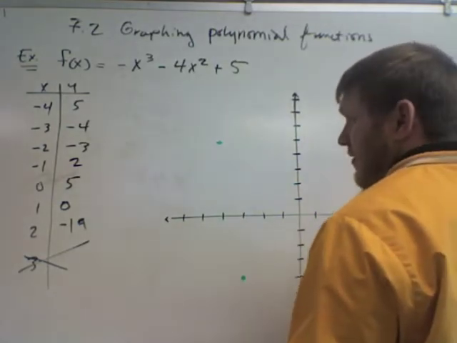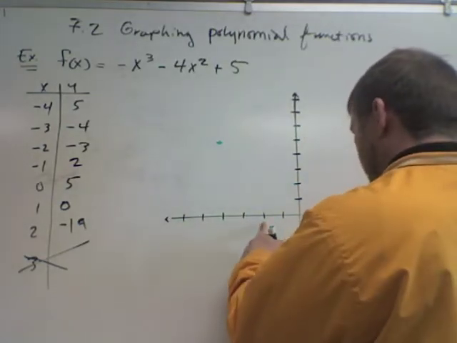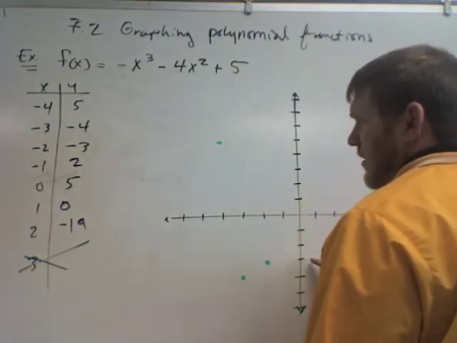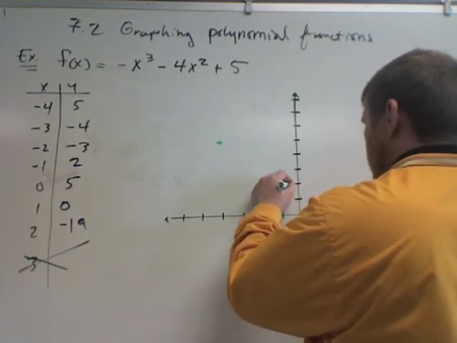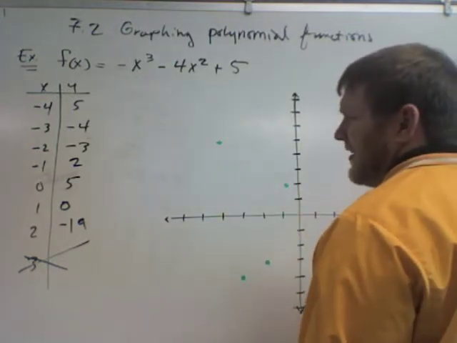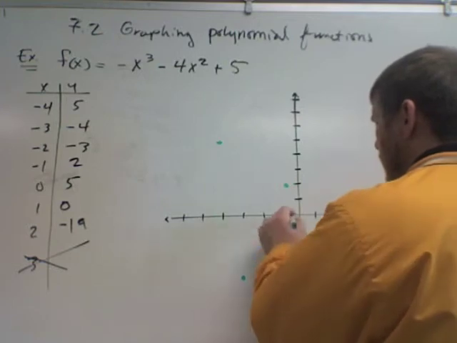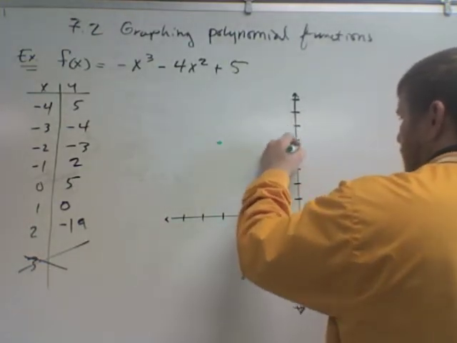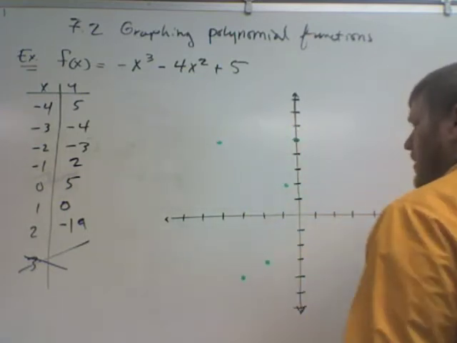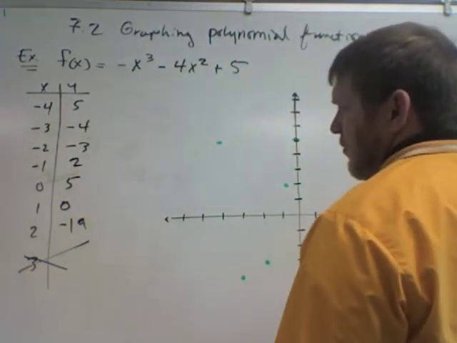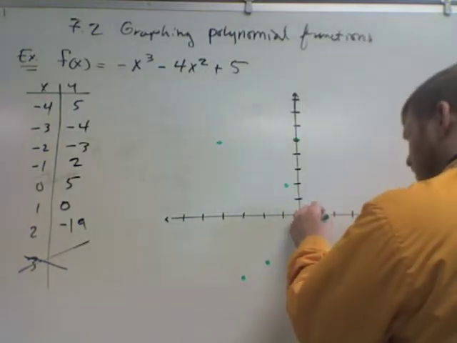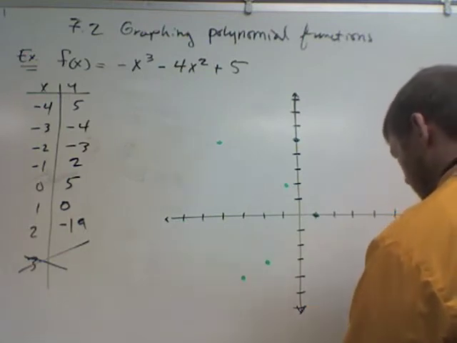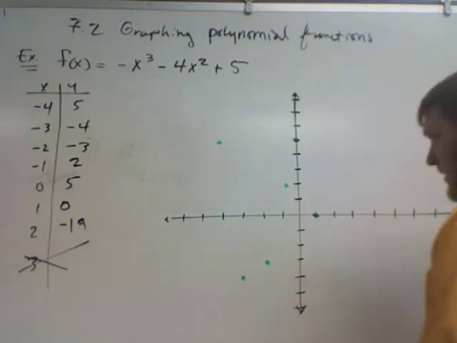And then I have -2, -3. -1, 2. And I have 0, 5. And then I have 1, 0. And I have 2, -19. This clear down here. Okay?